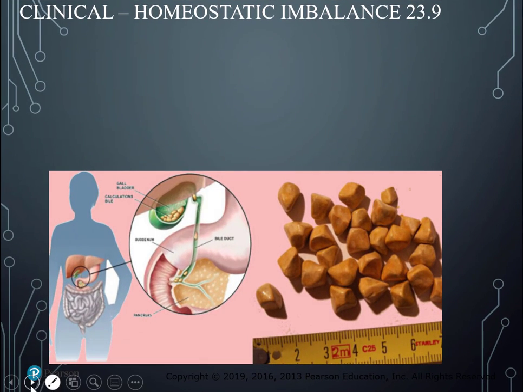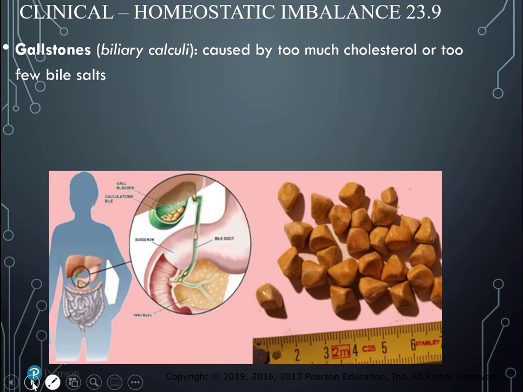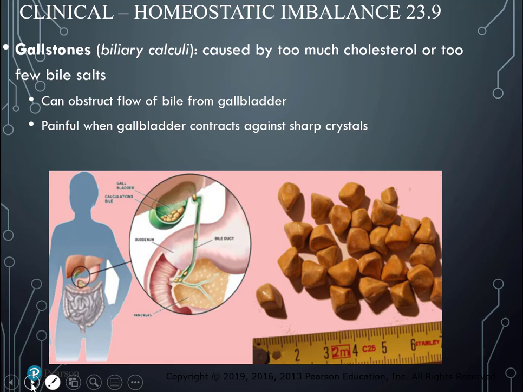And here are some pictures of gallstones, and you can see how nasty they look. They are caused by too much cholesterol or too few bile salts, and they can obstruct the flow of bile from the gallbladder. Boy, does it cause a lot of pain in the back.